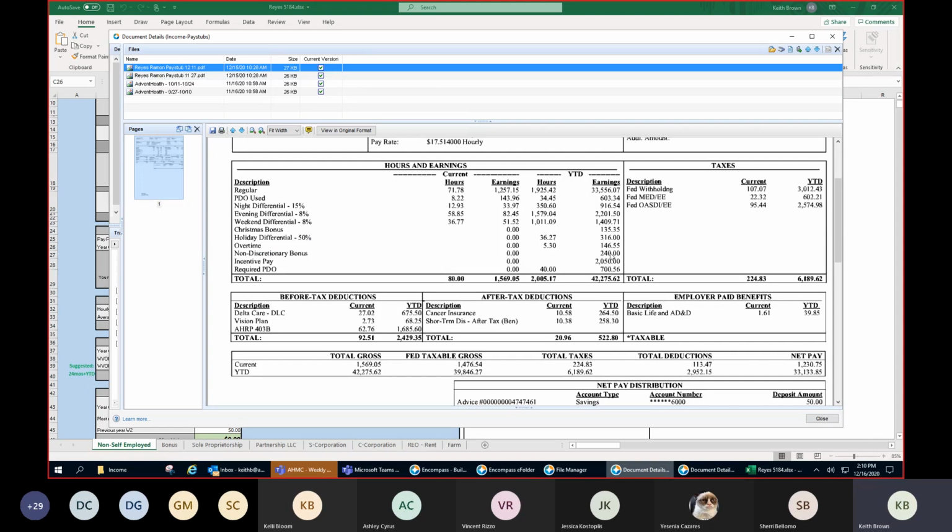Non-discretionary bonus, not counting that in the year to date. Overtime, that is not base income, okay? But now, holiday differential, that is base income when his regular hours fell on a holiday. All right, so I counted that. Christmas bonus, sorry, that's a bonus. All right, but this differential, night differential, PDO, and regular, these were all regular.